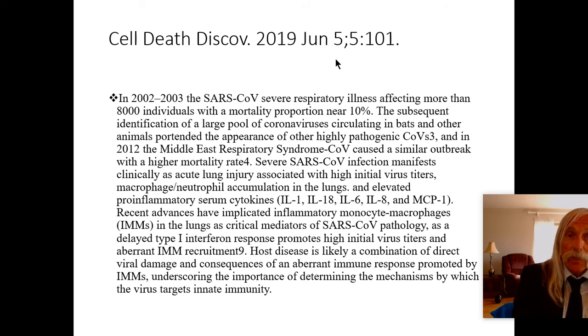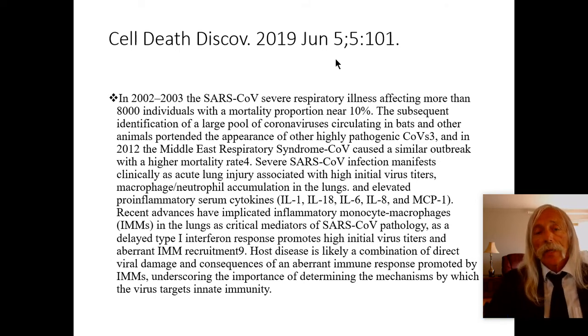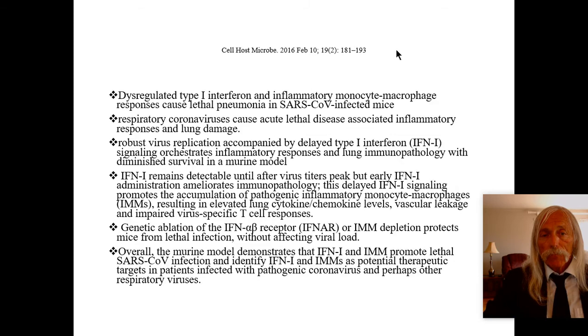Now these viruses do have some very potent virulence factors, and a consequence of an aberrant immune response, which is subsequent sequelae, promoted by these IMMs, right? These very powerful inflammatory monocyte macrophage lineages of innate immune cells, underscoring the importance of determining the mechanisms by which the virus targets innate immunity. So that's what you get from that paper.